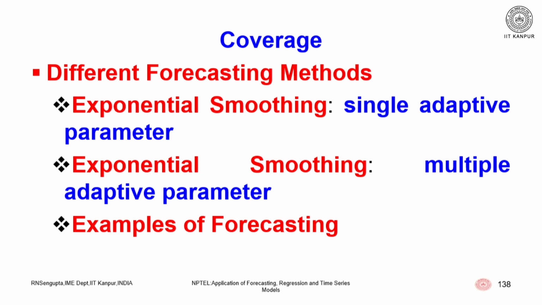Number one, where there is only one parameter for non-adaptive one, and in the other case being non-adaptive for multi-parameter. Now, as I have been saying time and again, the parameters would be chosen according to the fact that you want to minimize the error.